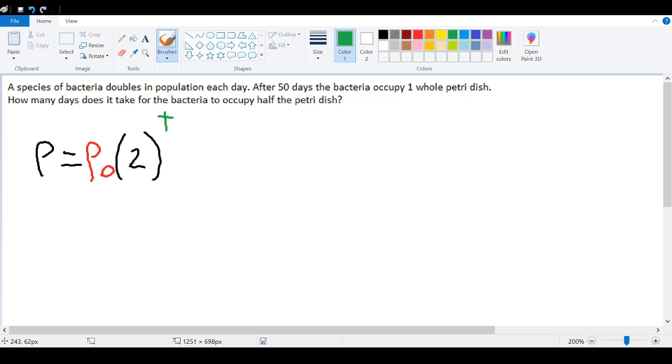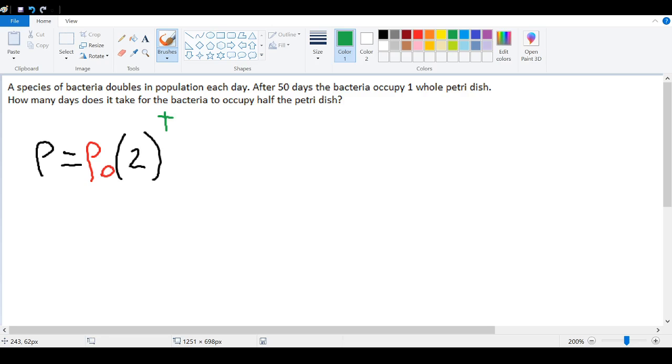So if the population doubles every day, after 50 days, we would just be taking the original population and multiplying it by 2 50 times. But multiplying something by 2 50 times is the same as taking 2 to the 50th power.